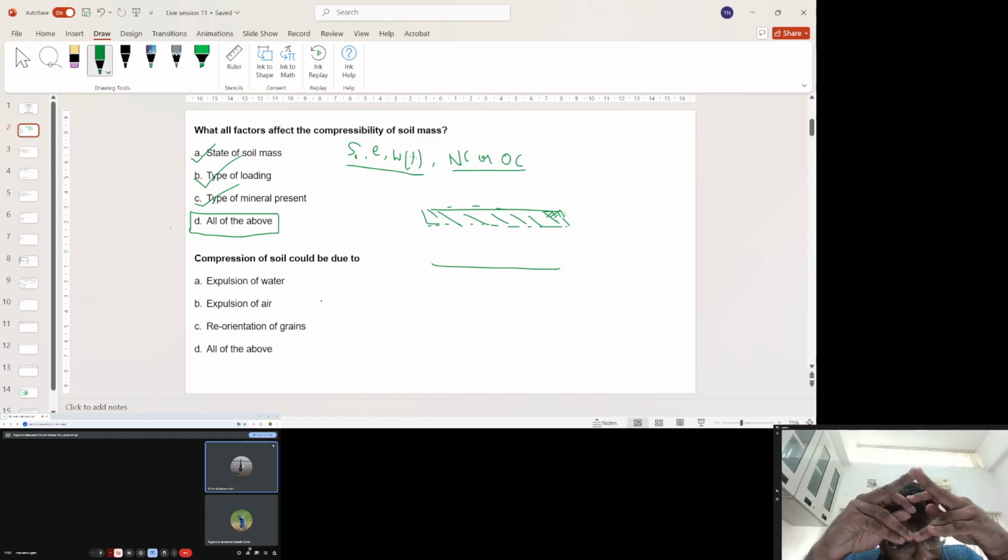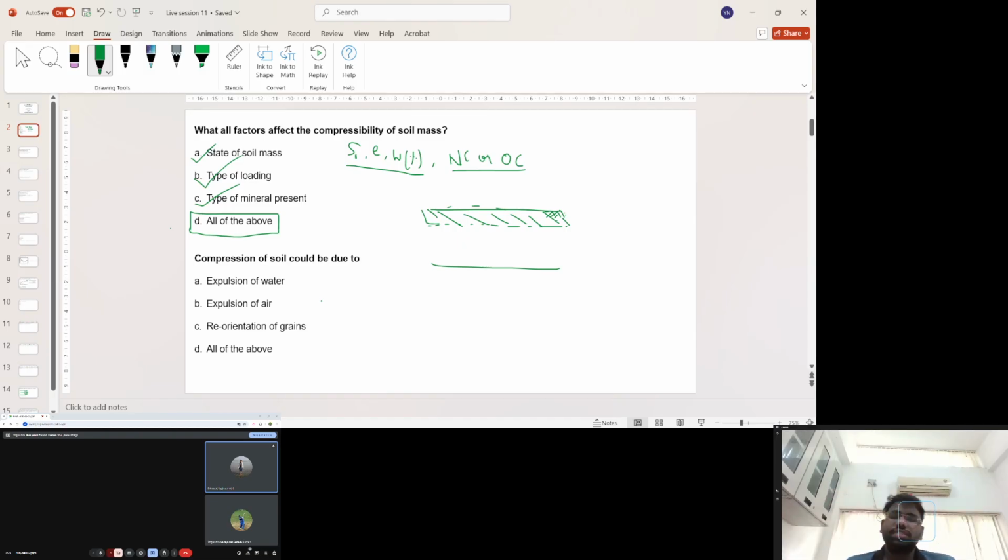Because expulsion of water and air are the natural primary condition for consolidation, and reorientation of grain is especially in clay minerals. Is expulsion of air related with consolidation? Yes. Expulsion of air is related to consolidation or compaction? Oh, sorry, sir. Yeah, compaction.